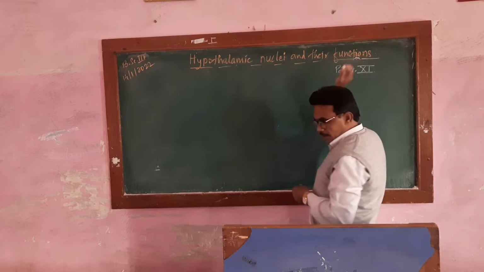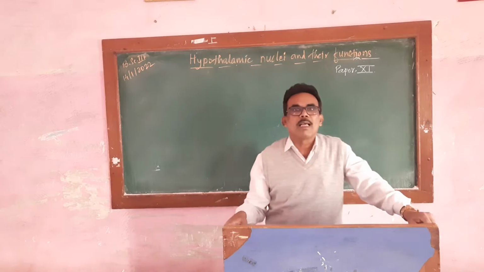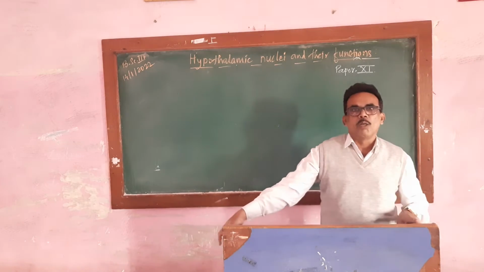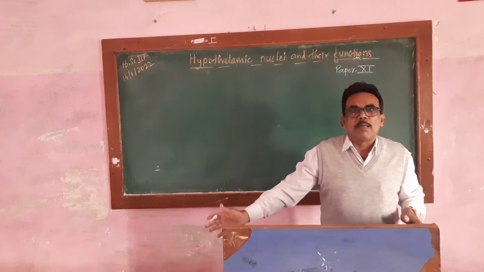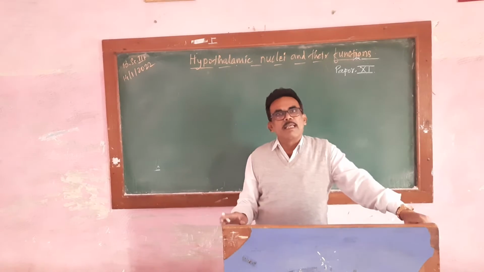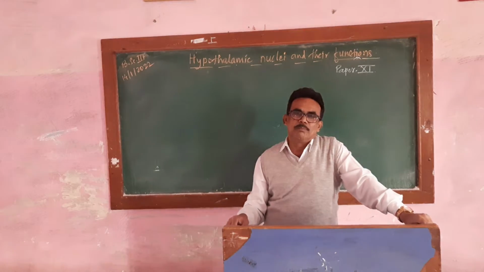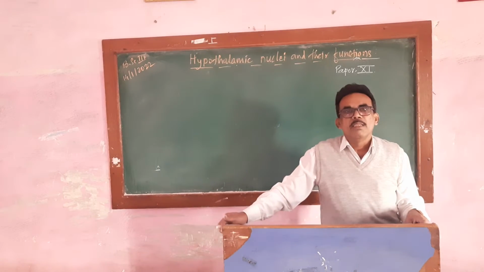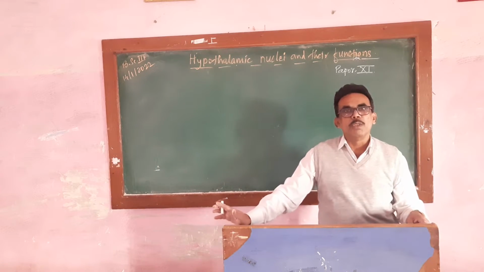So already we have studied the different hormones of the pituitary gland. The anterior lobe of pituitary secretes what type of hormones you know. The middle lobe of pituitary secretes what type of hormone you know. And the posterior lobe of pituitary secretes what type of hormones you know.